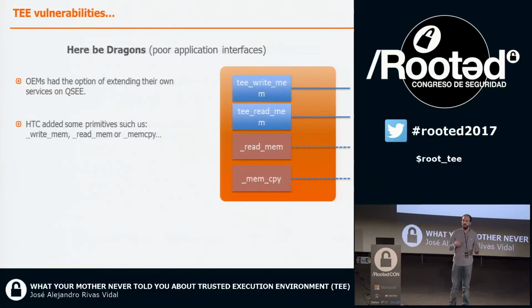Some of the primitives that the OEM could extend were things such as memory writing, memory reading, and memory copy, with the associated problem that through one of these new primitives, one of these memory regions that was exclusive for the use of the TEE could be compromised.